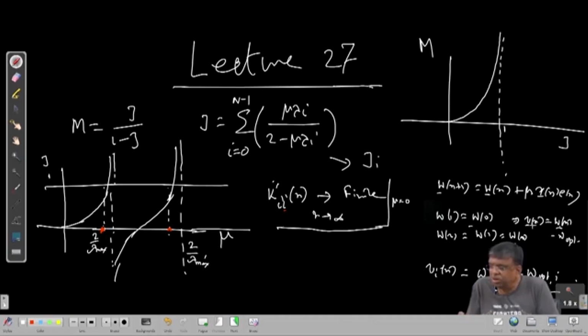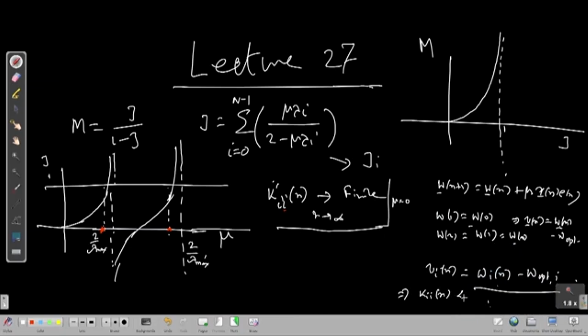If I take any ith component of this vector, say V_i(n), it will be the ith component of the filter weight vector minus the ith component of W opt, and that is a constant because it is not changing with time. So, the variance of this does not change, it is finite. That means K_i(n) is less than infinity for all n, because the variance does not change, it is just a constant difference, W_i(n) minus W opt i, and W_i(n) is nothing but W_i(0), the initial value I gave, which remains the case for all n.